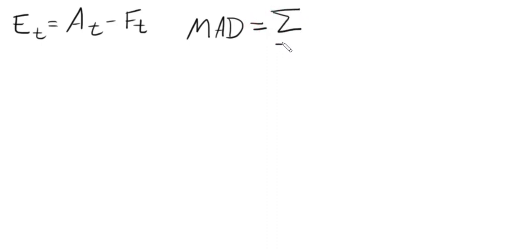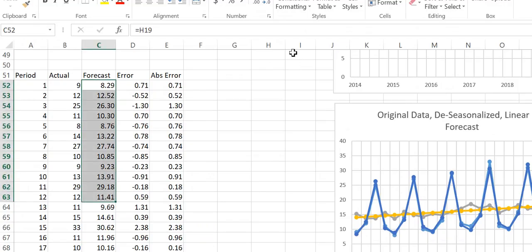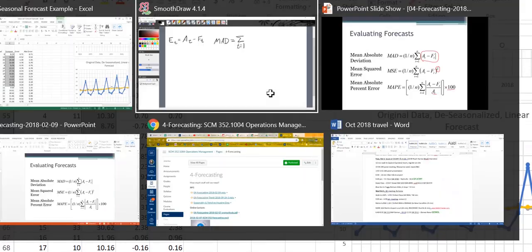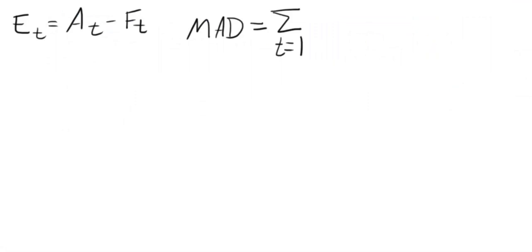In this case, t will go from 1 to 20, since we have 20 data points, and every period we will take the actual minus the forecast, add those all up, and then divide that whole total by 20.